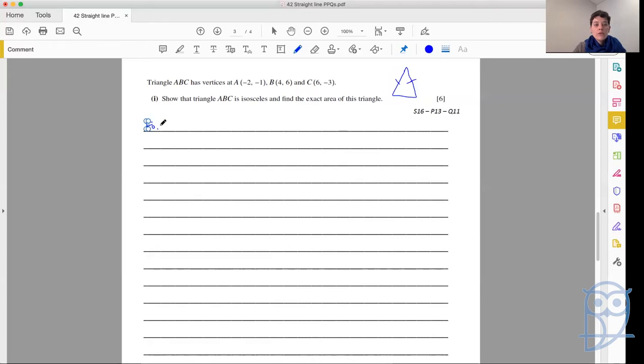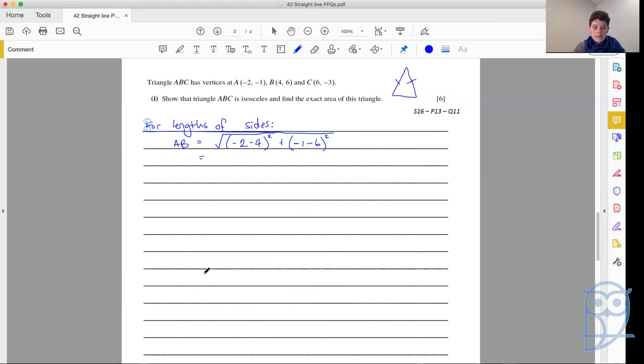So for lengths of sides, we can do AB equals square root of minus 2 minus 4 all squared plus minus 1 minus 6 all squared.